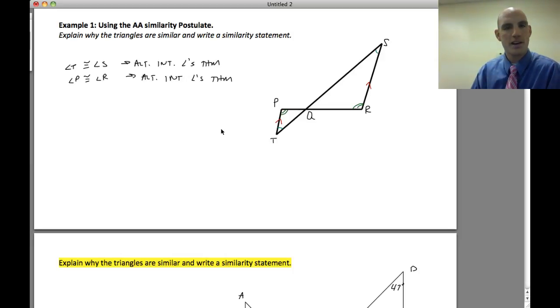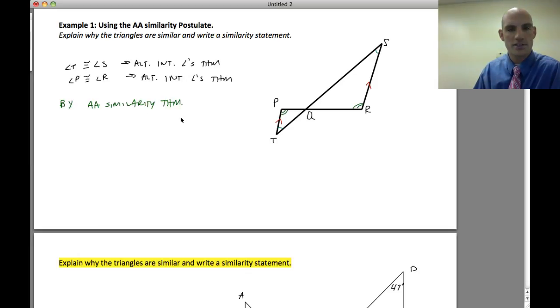I could prove the third angle, but I don't really need to because I have a theorem that I can use: by the angle-angle similarity theorem, I have two angles that are congruent.